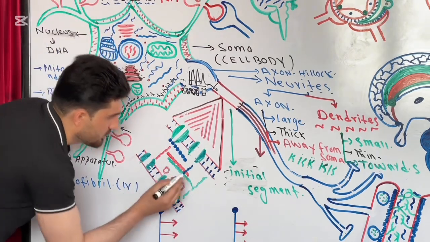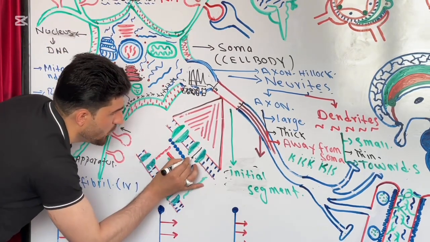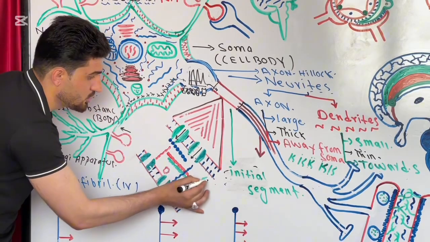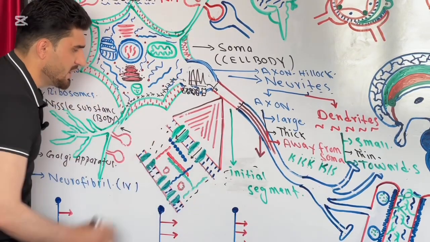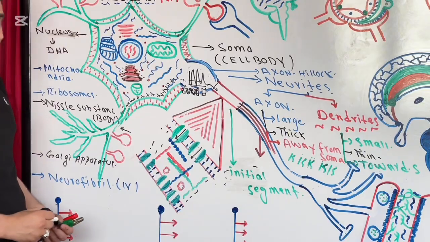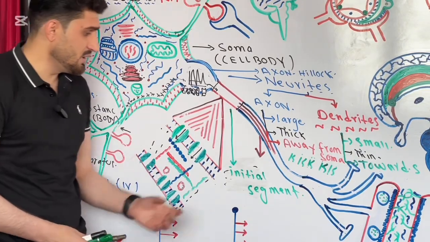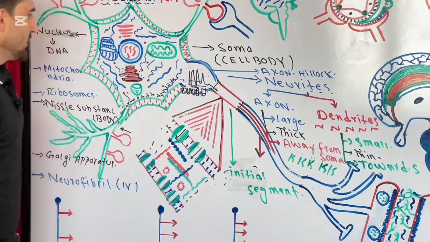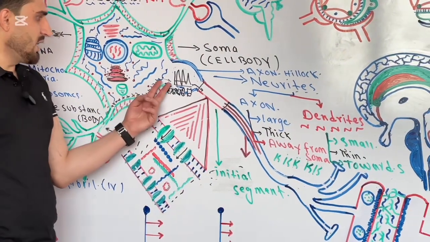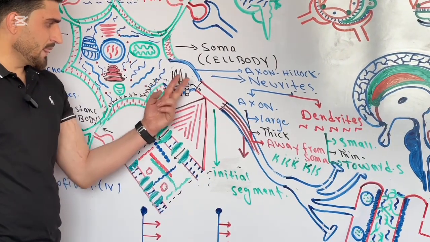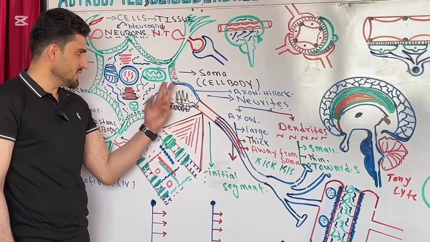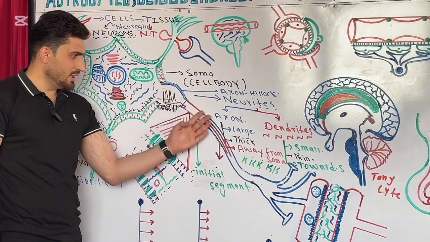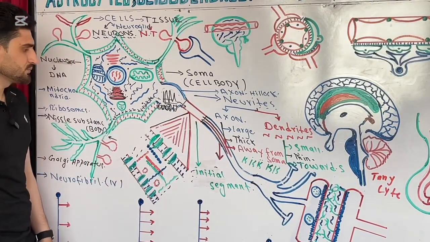We have abundant sodium voltage gated channels, and that's why they say the first area where the action potential starts is the initial segment. So the axon hillock is the area between the initial segment and soma, and the initial segment is the area between the axon hillock and the other part of the axon.